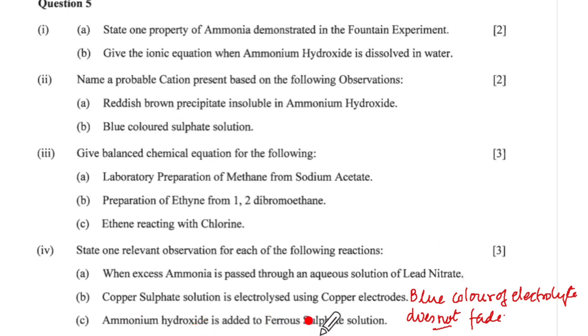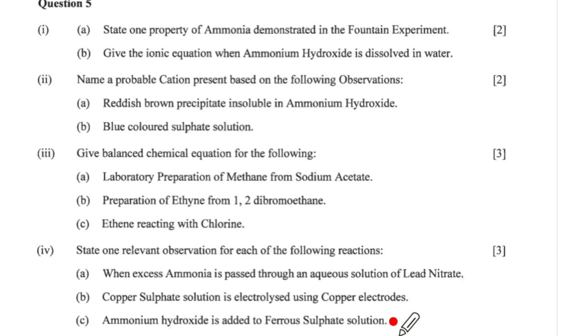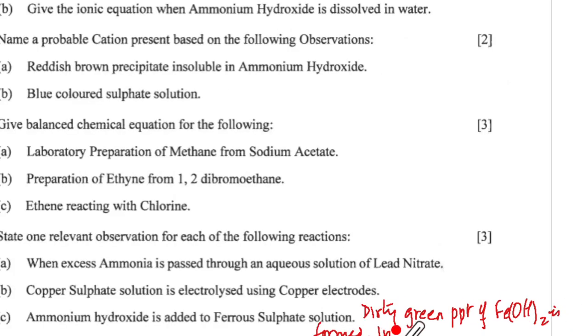Ammonium hydroxide is added to ferrous sulfate, so it will become ferrous hydroxide. Ferrous hydroxide means dirty green precipitate of Fe(OH)2 is formed, which is insoluble in excess NH4OH solution.